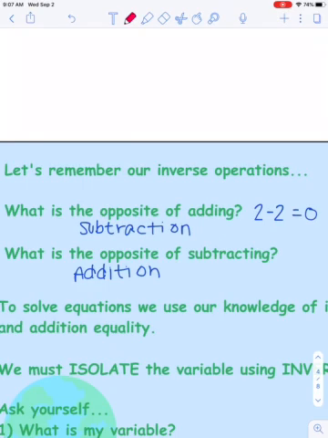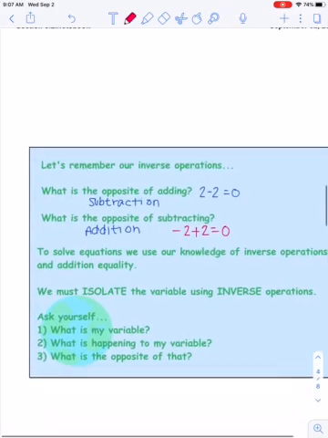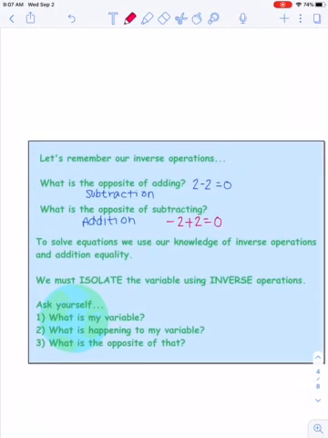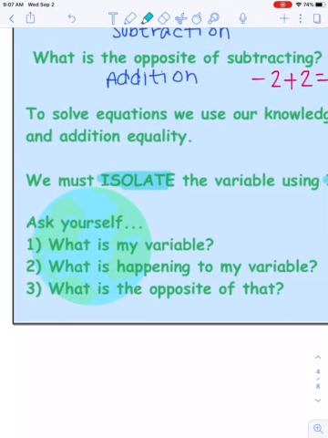So that's like saying you have -2 and you're going to add 2 and then you get 0, so it goes away. The whole point is to get rid of it. Okay? So we have to use our inverse operations to solve equations. You must isolate, which means to get by itself. And you're going to isolate your variable by using inverse or opposite operations.